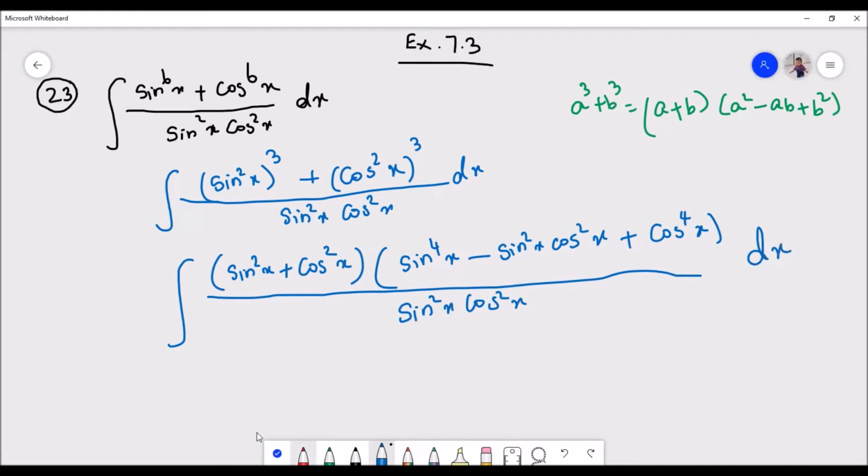Now we know the trigonometric identity sin^2 x + cos^2 x is equal to 1. So this term will become 1 here.